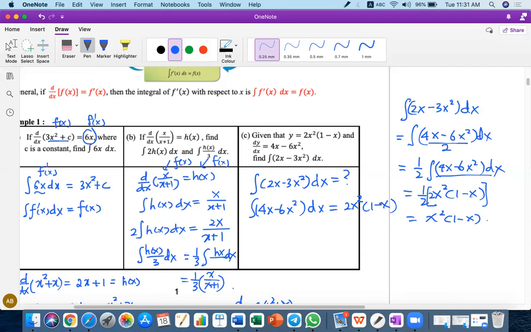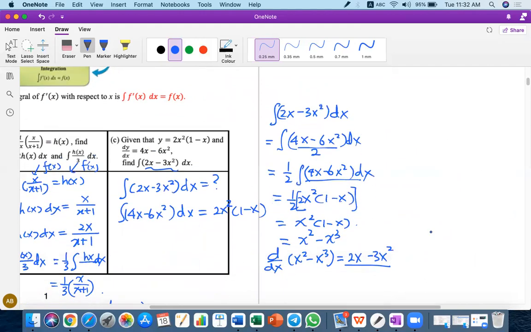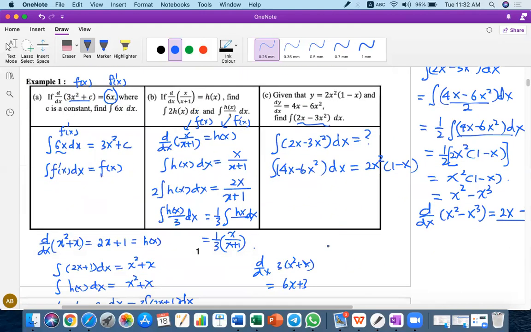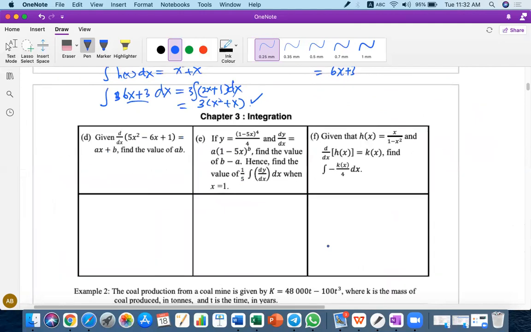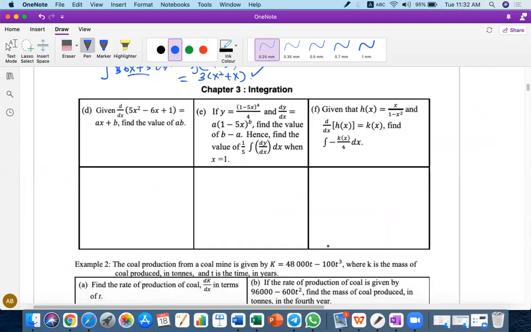We can try to prove it: if I expand this, it is x squared minus x cubed. If I differentiate x squared minus x cubed, I will get 2x minus 3x squared. That is our answer, so this is how you get the answer. All right, we go to D.